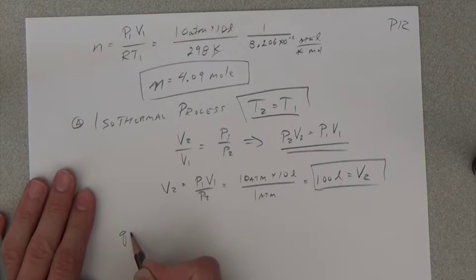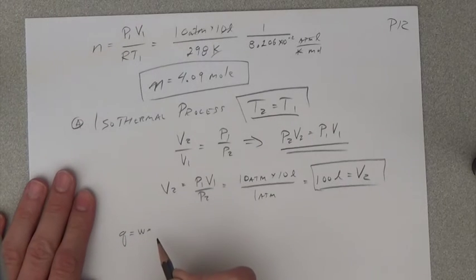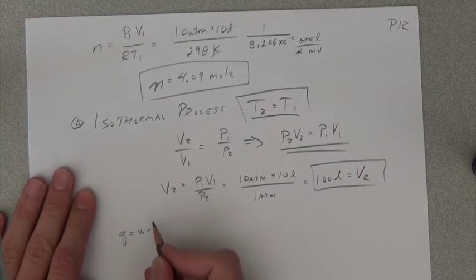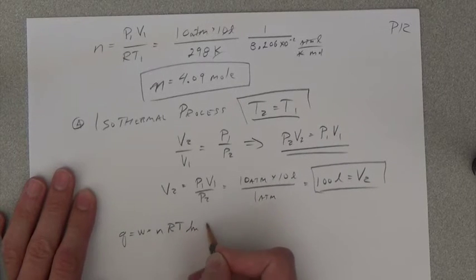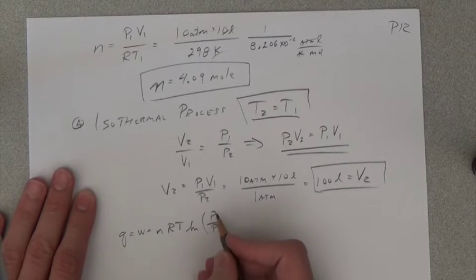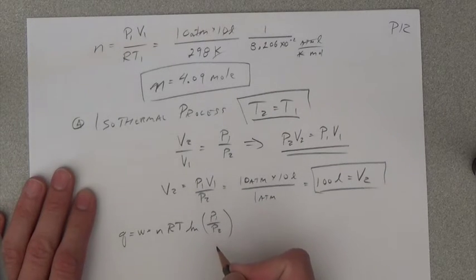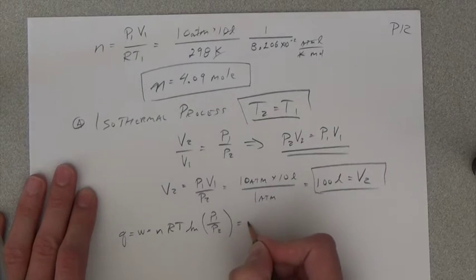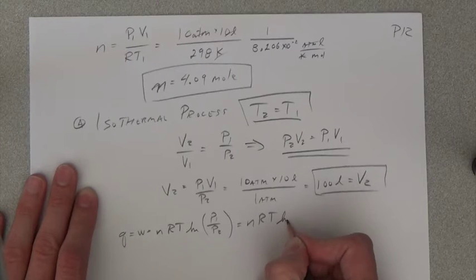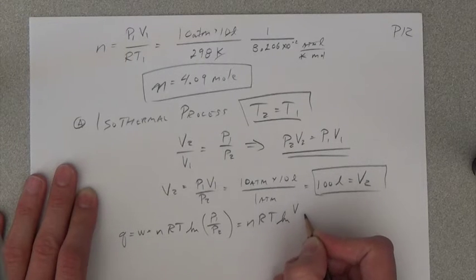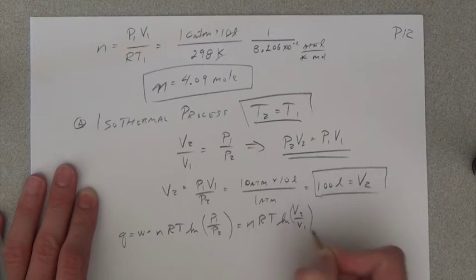Because we have Q is equal to W is equal to nRT ln P1 over P2, which is equal to nRT ln V2 over V1.